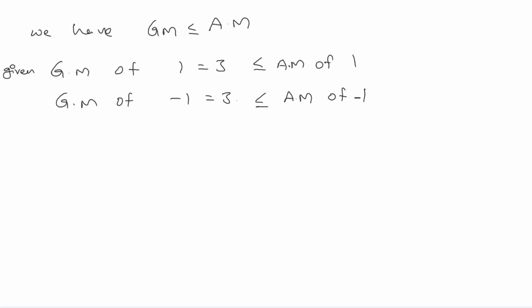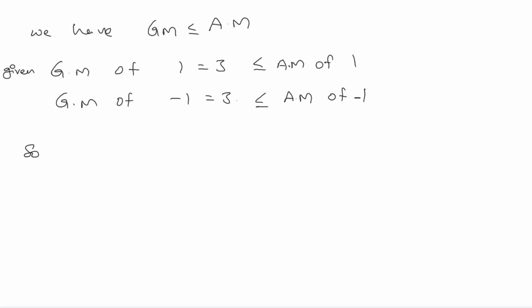But A is a 7 cross 7 matrix, so the total number of eigenvalues should be 7. Here we have 3 and 3, and these two are the only eigenvalues of the matrix A. So one of the eigenvalues has multiplicity 3, and another one has multiplicity more than 3, that is 4.